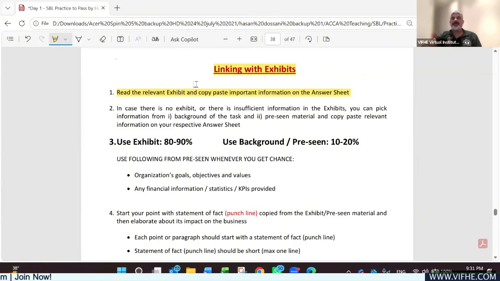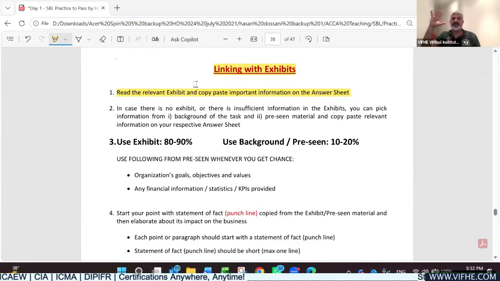Our answers should be based on exhibits. If your answer is complete based on the exhibit, then no need for pre-seen. Is that clear? If your answer is complete from the exhibit, then no need for pre-seen. Exhibit is the first priority.